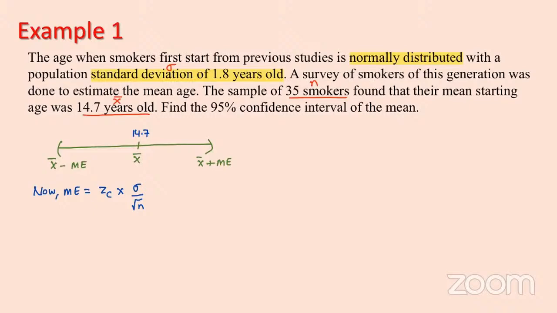In order to find Z critical, we have to draw the normal distribution. Okay, this is our standard normal distribution, with mean 0 and standard deviation 1, because we are talking about the Z values. 0 goes in the middle.